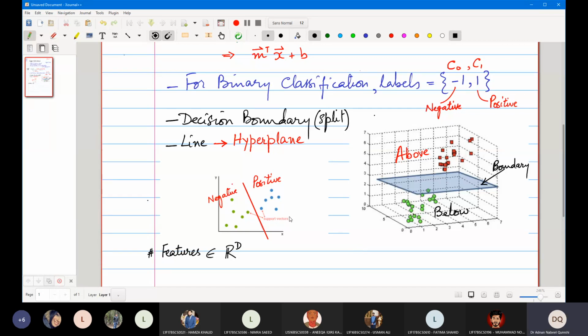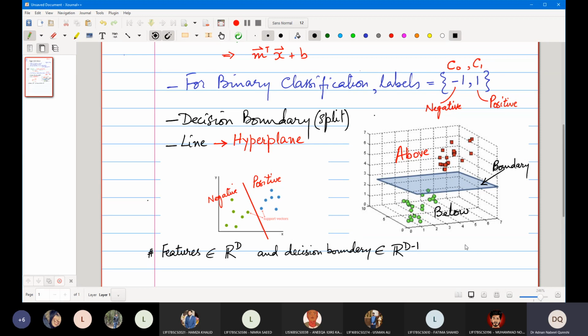D means if there are 2 features then this will be R2, if there are 10 features then it will be R10. Features belong to this, and the decision boundary will belong to R D minus 1. This is a very important thing.